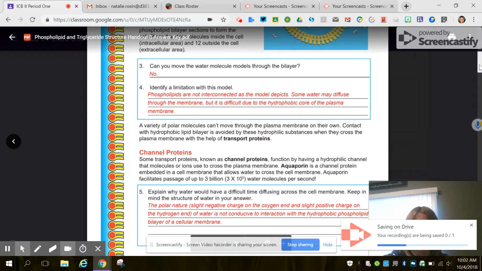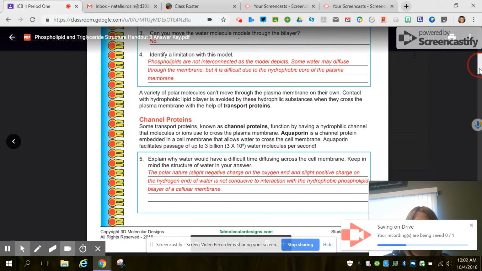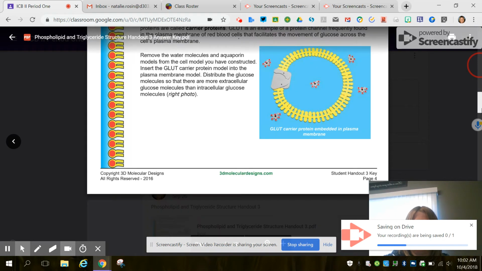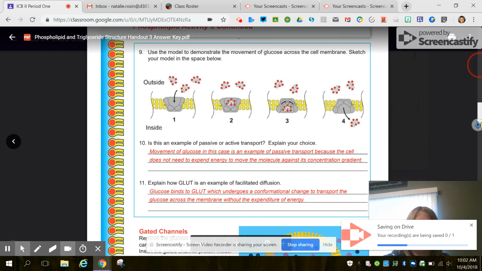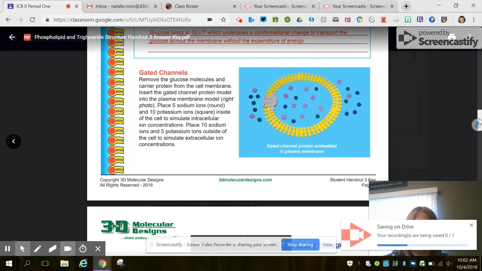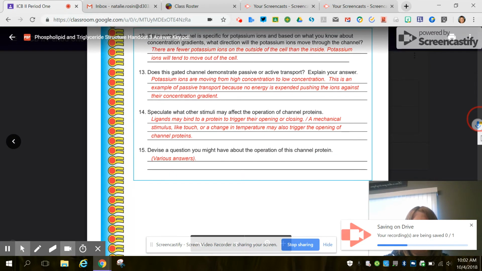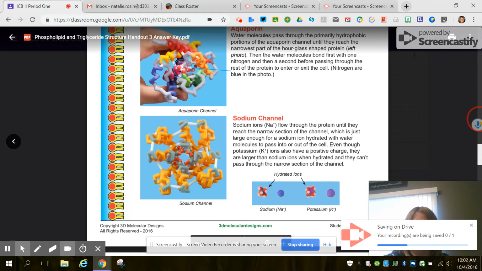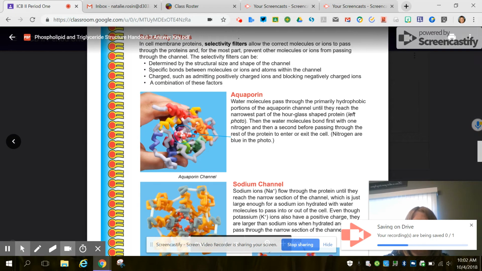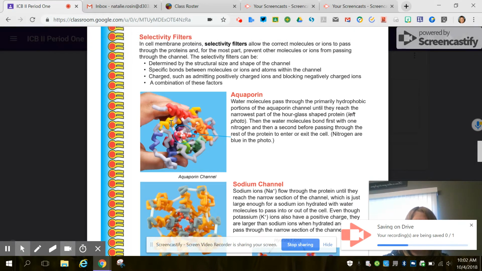However, later in this packet, it does talk about how aquaporin could have a selectivity filter on it that does not allow other molecules to get through the aquaporin channel.